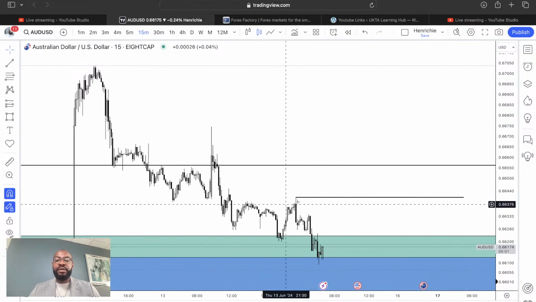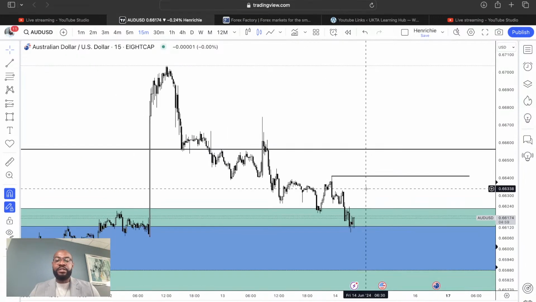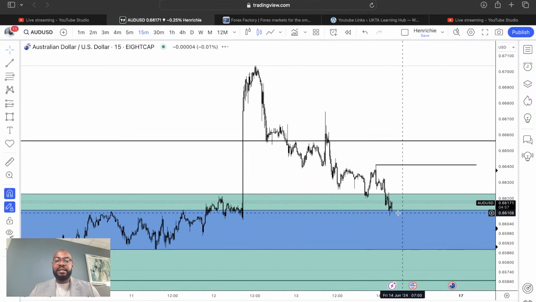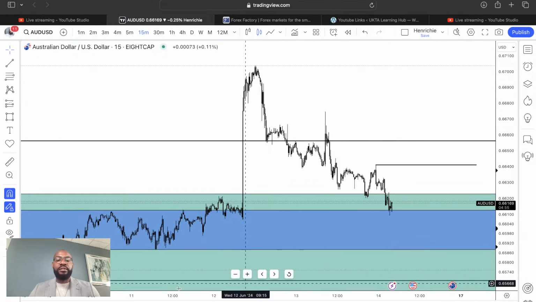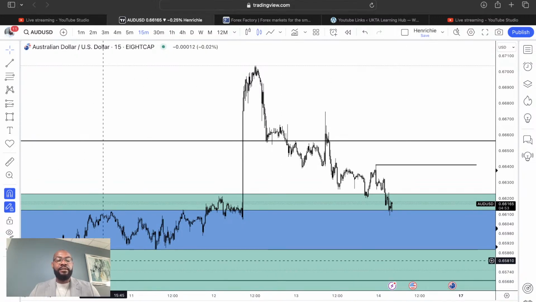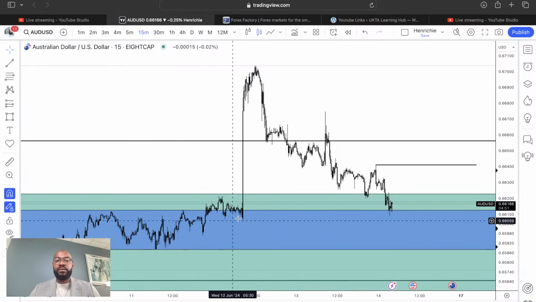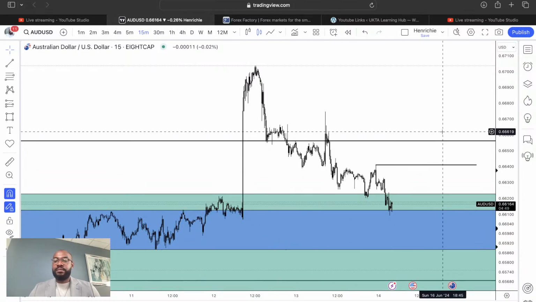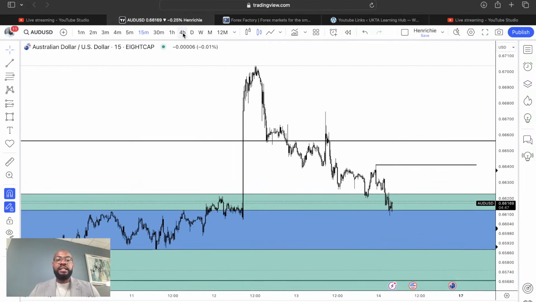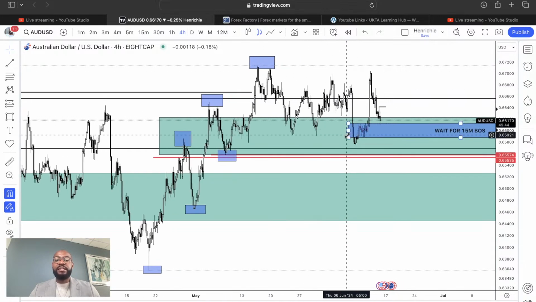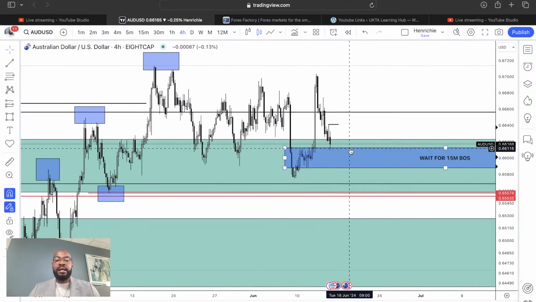So if price doesn't break here, then I'm just going to be on the sidelines, and it simply means that potentially we could run the sell side liquidities resting right here.